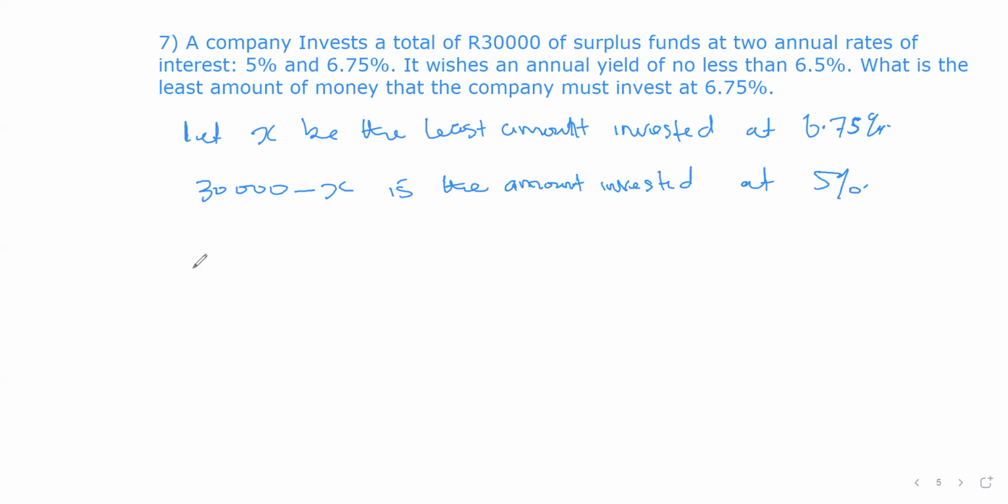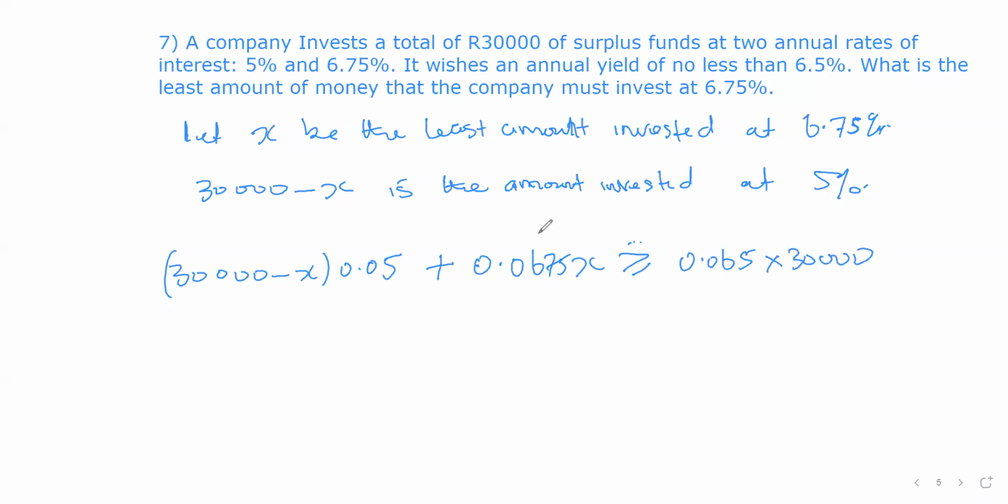So for the investment at 5%, it yields 30,000 minus X times 5%, plus the investment at 6.75%, which should be 0.0675 times X, and the sum of these yields should be no less than, that's to say it should be greater than or equal to 6.5% of 30,000, basically 0.065 of 30,000, their total investment.